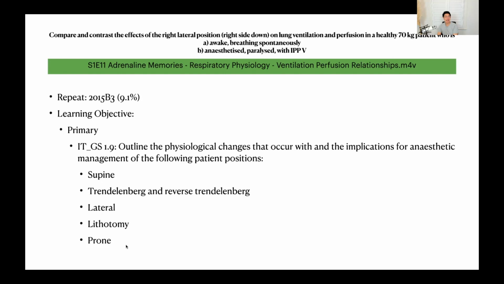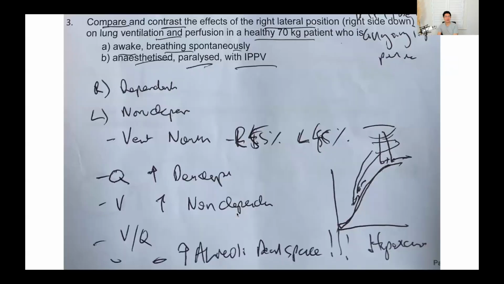And I must say, I was hedging that prone would have been a question that would have been asked for this exam, just given our recent experiences with COVID and proning patients, but maybe one for the future, maybe one after this lateral question is improved on in terms of its answer.